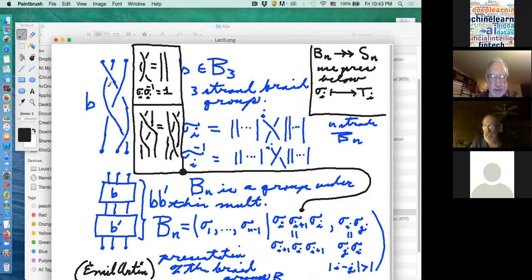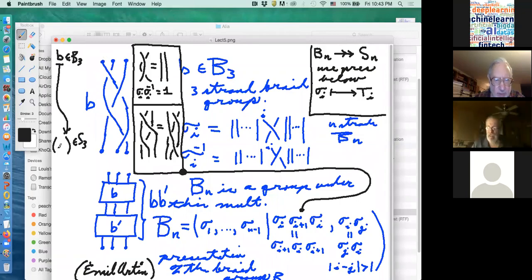And of course, on the other hand, what I'm really saying is that this braid in B3 is going to go to an element in S3, and that element is 1 goes to 2, 2 goes to 3, and 3, pardon me, goes back to 1.